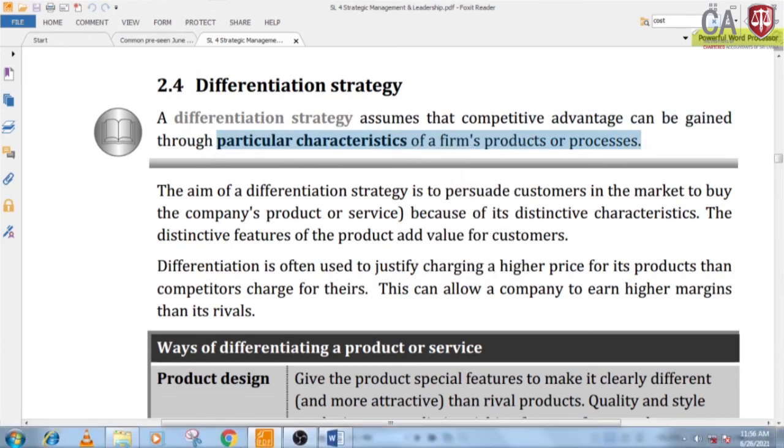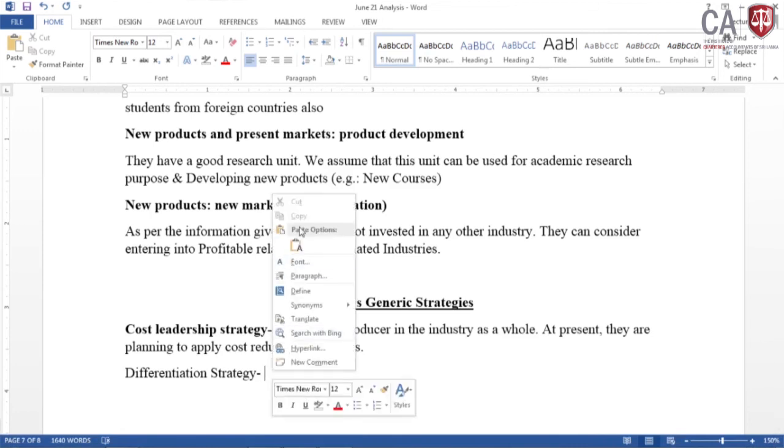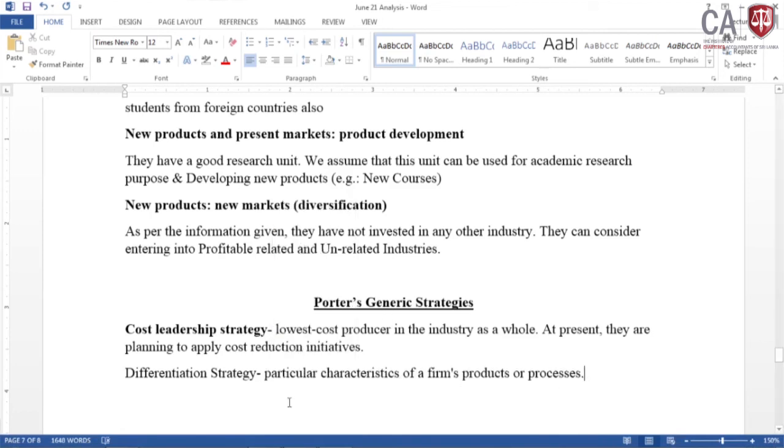That is the expectation. I think this is the most relevant strategy, offering a unique product to the market, with unique characteristics as the relevant feature. So at the moment I think this is an area where they can work.